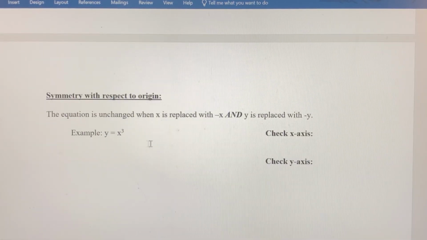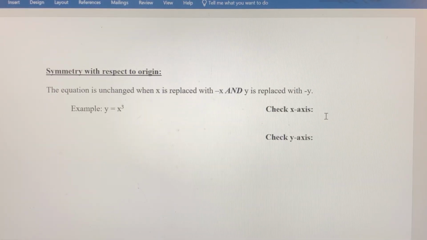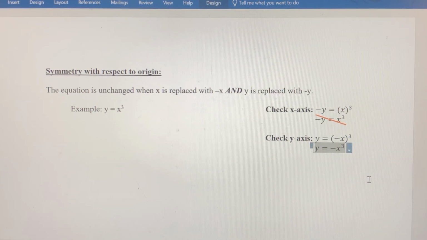And then I'm telling you this one has origin symmetry, so let's check the other two. For the x-axis, I replace y with negative y. No simplifying to be done here, and that does not match. Check y-axis symmetry: replace x with negative x. When you cube a negative, you still have a negative. That doesn't match either, so no y-axis symmetry.